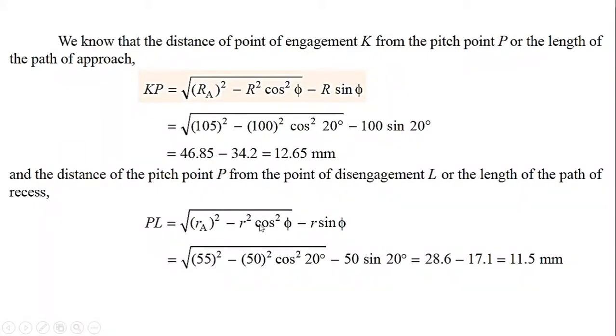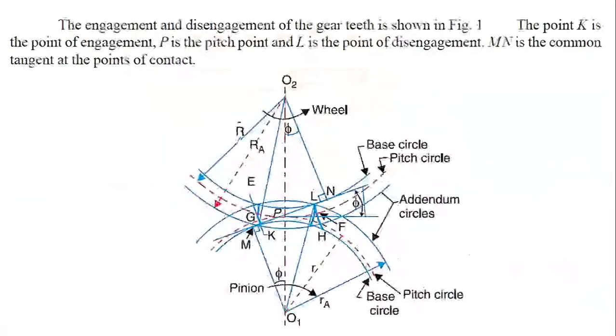Before we go into this segment, we will discuss one thing. The engagement and disengagement of the gear is as shown in the figure. The point K is the point of engagement. These are the two gear wheels. This is the gear, this is the pinion. This is the line of the base circle, pitch circle, and addendum circle.